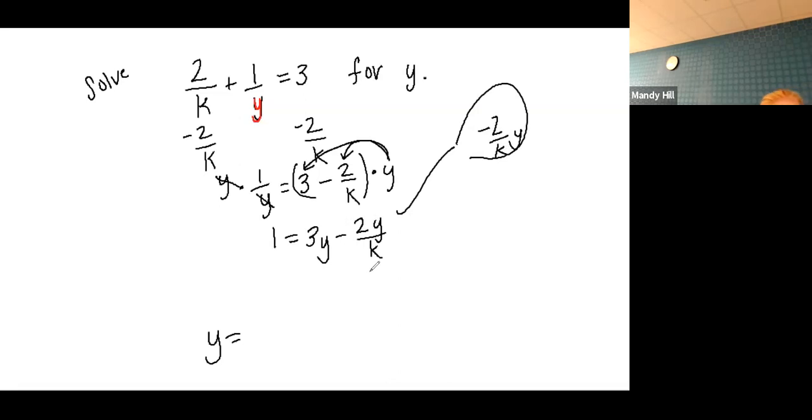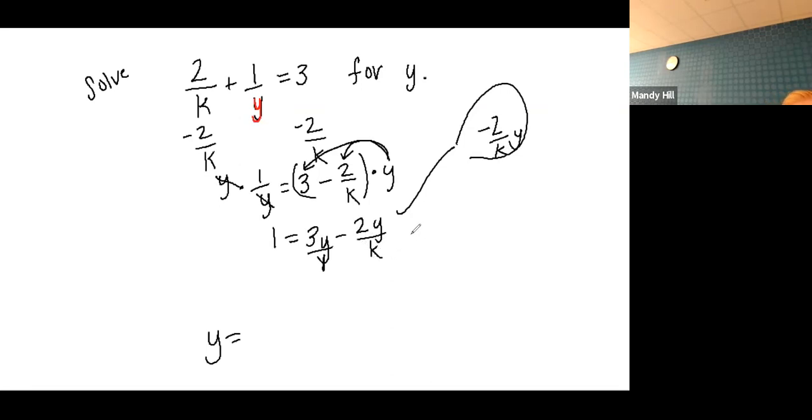Now, here's what I'm noticing about this. I need these two to go together because I need to get this y as one term so that I can isolate it by itself. So this goes back to finding a common denominator. I need to put these together. Right now, the denominator underneath this is just a 1, and this is a k.